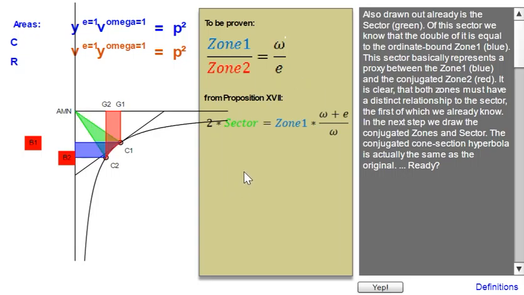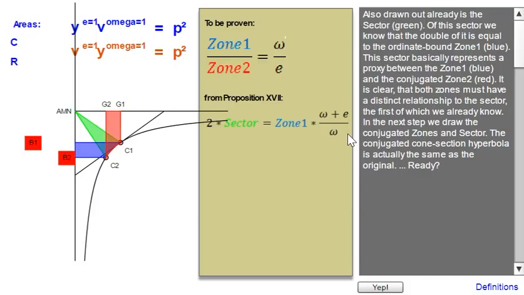The same principle holds true for the hyperbola, that we learned also in Proposition 17, that 2 times the sector again is the zone 1 multiplied with omega plus e divided by omega as a dignity power ratio.